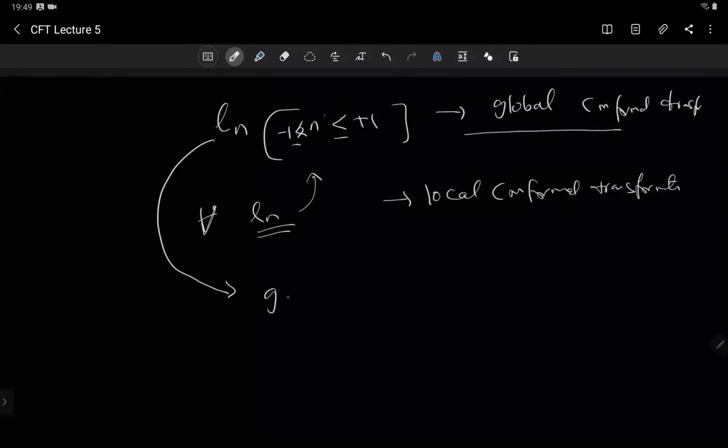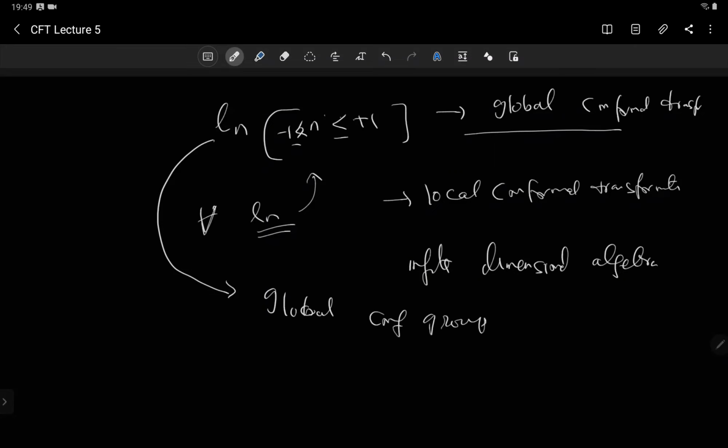So you have an infinite dimensional algebra, but the group is only the global conformal group, because only this is defined everywhere. If it is not defined, then you cannot form a group, because you don't know how to take an inverse.